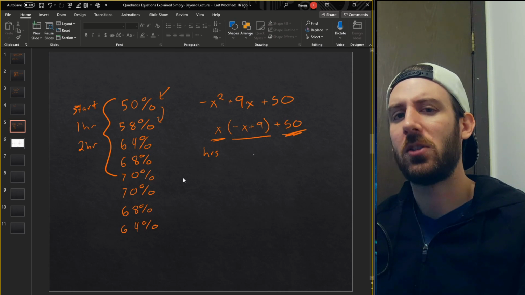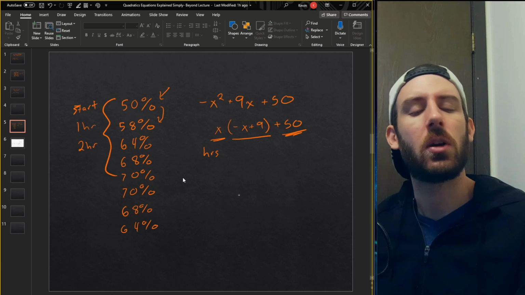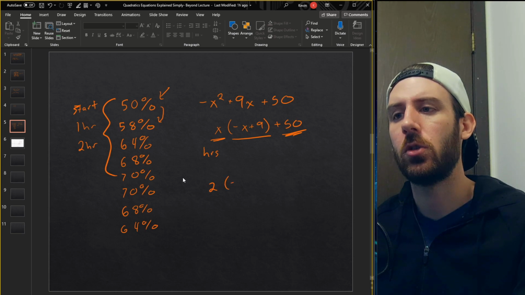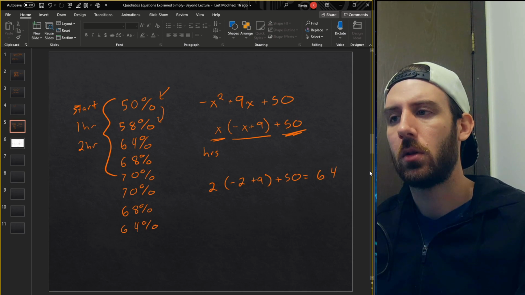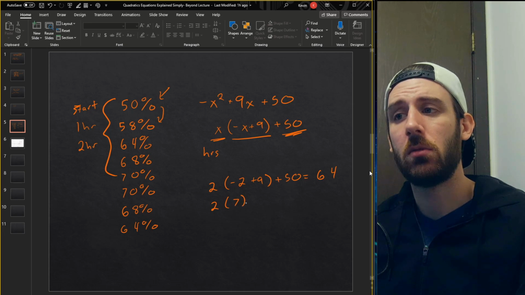Well, this one took a little bit of time, and what I tried to figure it out was I just tried plugging something in. Let's try plugging in the number 2. If I plug in the number 2, I'll get 2 times 9 minus 2 plus 50, and all of this together is going to get me that 64. And so this is 2 times 7 plus 50.